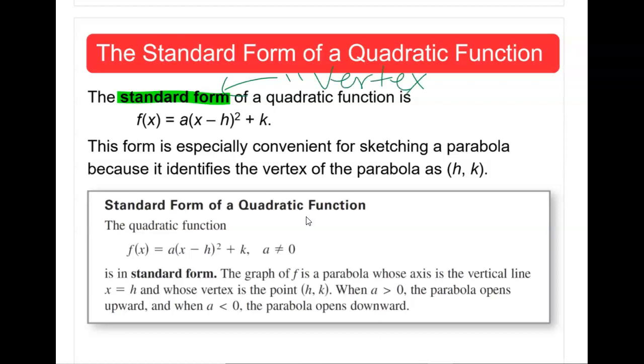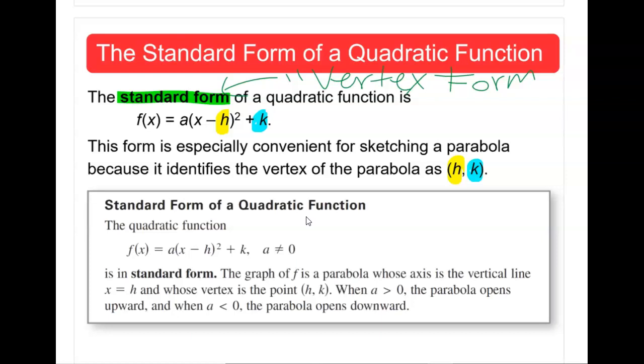The reason for that is that you can identify the vertex just by looking at it. That vertex comes from the constants that you see here, h and k. So h is the horizontal shift of the vertex, and k is the vertical shift of that vertex. And that is what we call standard form.